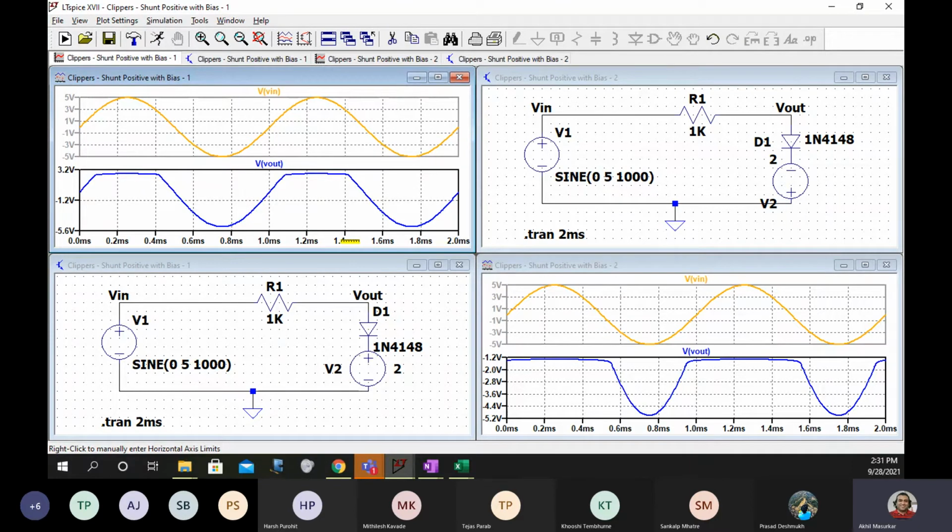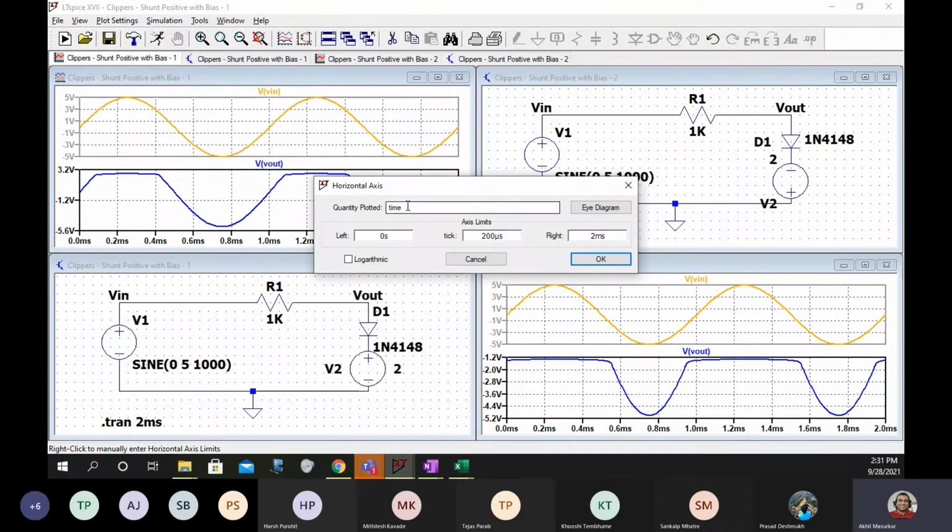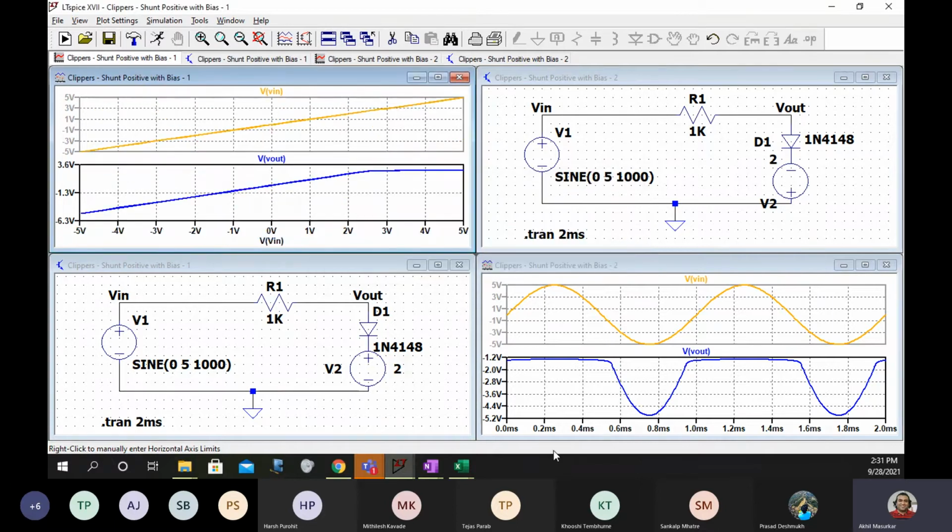So on this axis you can write, so you can see the characteristics.